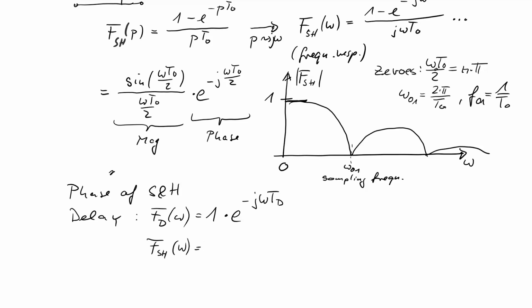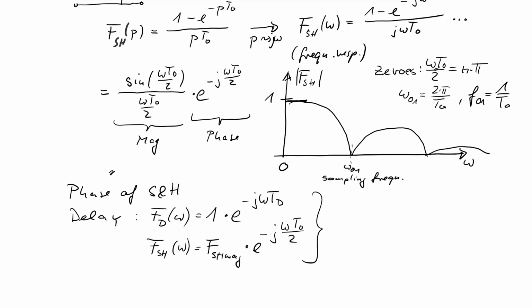without magnitude bars is the magnitude F SH mag, multiplied with e to the power of minus j omega sampling time over 2. Compare the phase factor. You see j is the same, omega is the same, but here this is the delay time and this is the time of my sample and hold.